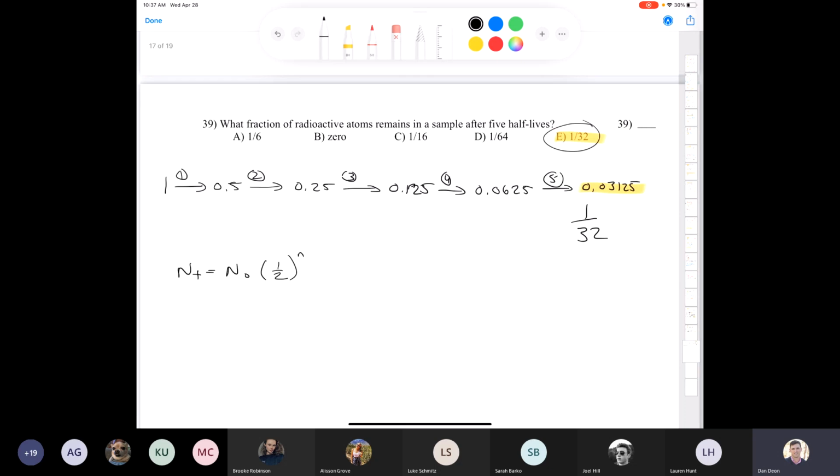So we get that the amount after a certain amount of time divided by the original amount is equal to one half to the power of 5, where 5 is the number of half-lives. You get that 0.5 to the power of 5 is equal to 1 over 32. Same thing.